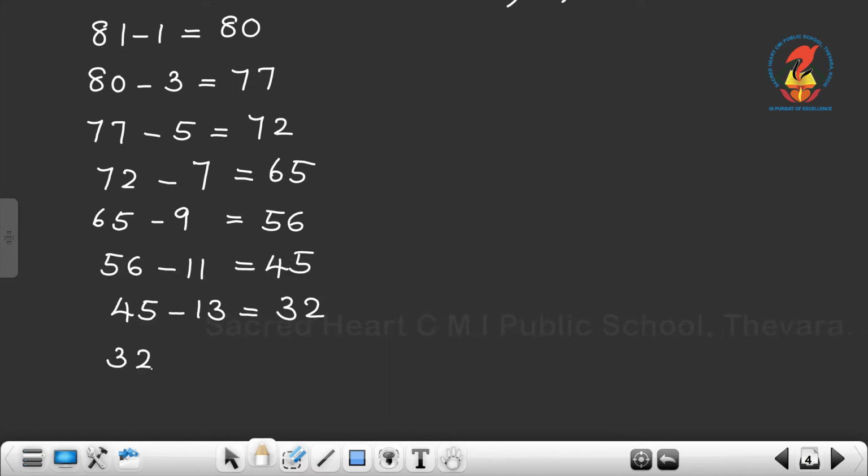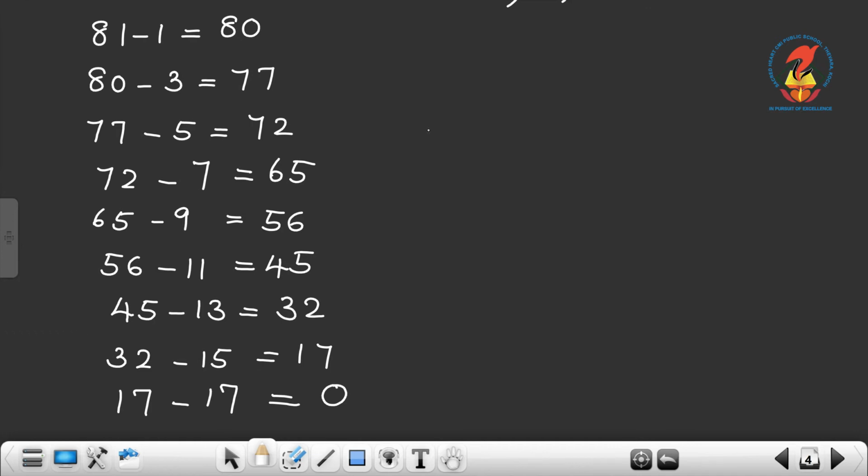Then 32 minus 15 equal to 17. Then 17 minus the next number, 17, equal to 0.